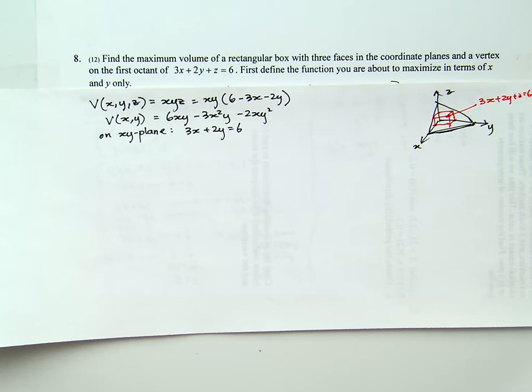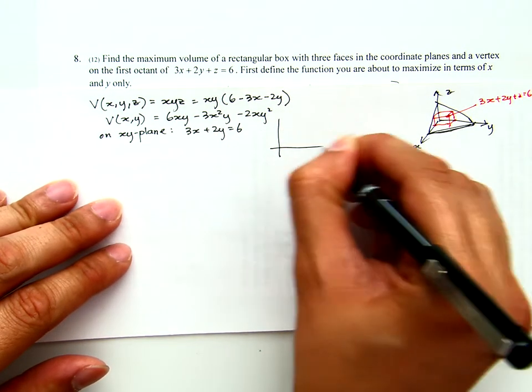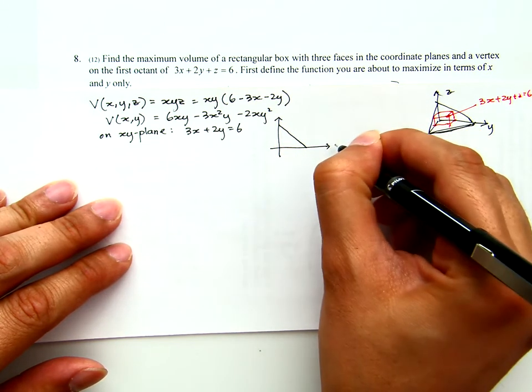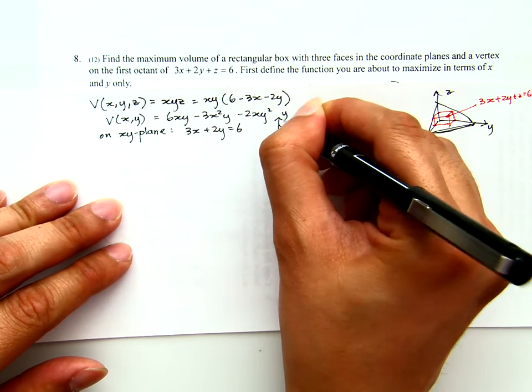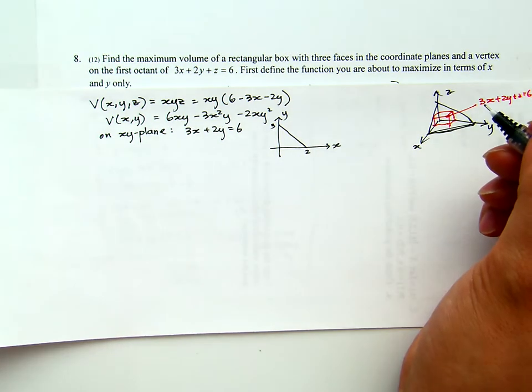Now that's on the xy plane. So why do I need to find the xy plane? That way we can see what is the domain we are working on. If this is x and this is y, then this will be 2 here, this is 3.